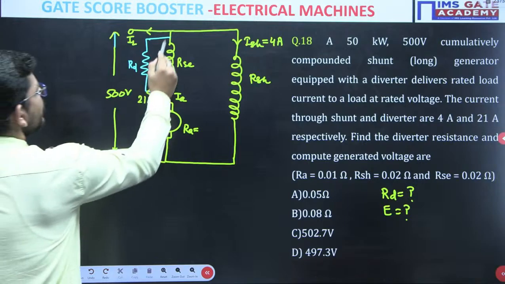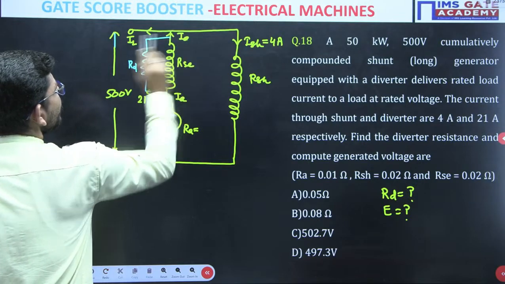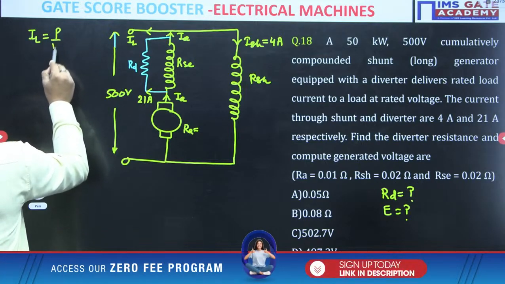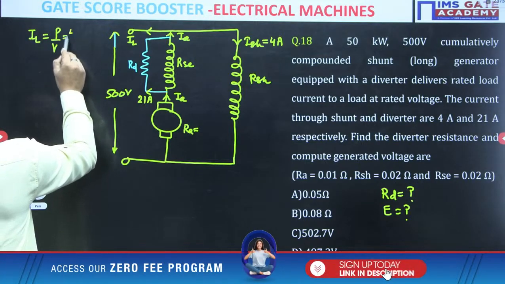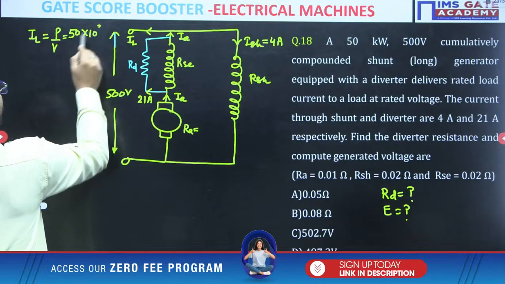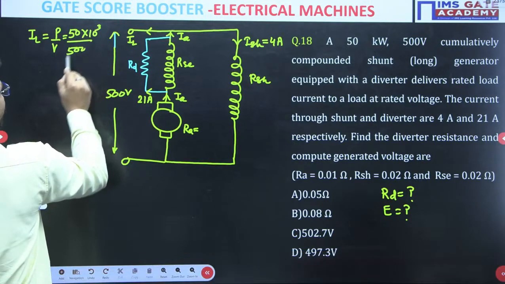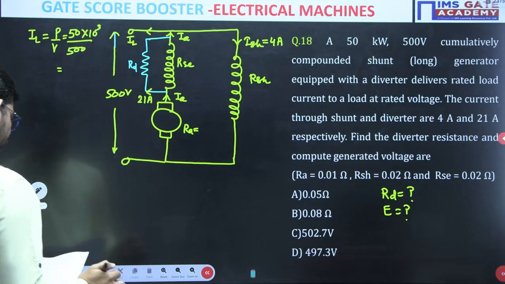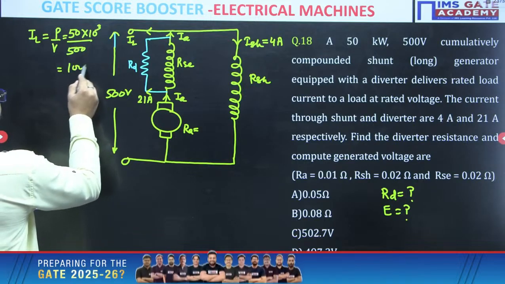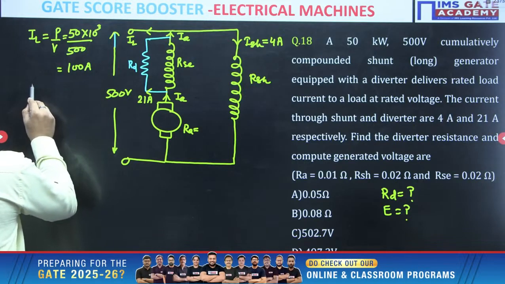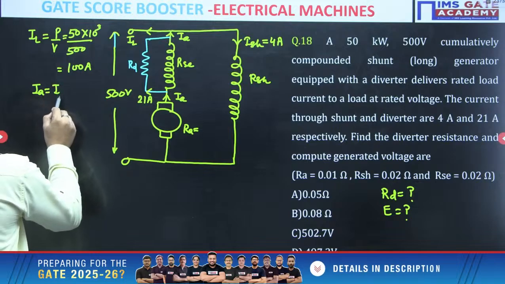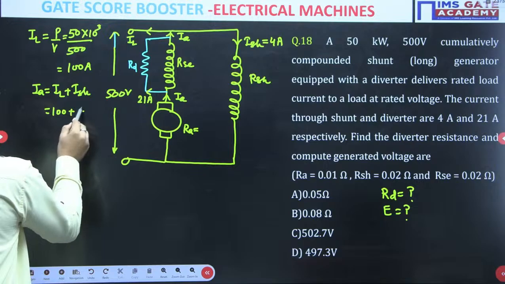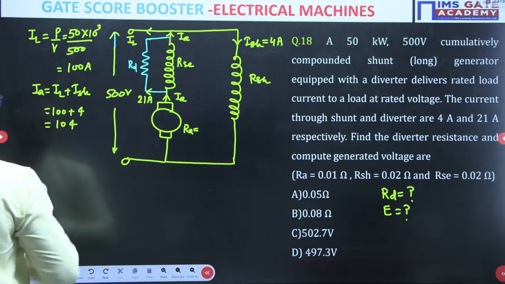This is the armature current, and the same will be the armature current here. Now we can get IL. IL will be P over V. P is 50 kilowatt and V is 500, so IL will be 100. Then IA is IL plus ISH, so it is 100 plus 4, which gives 104.